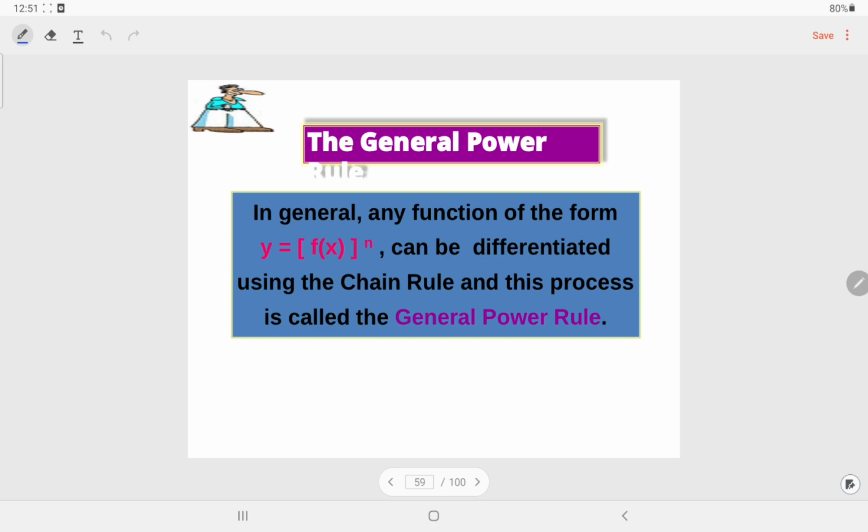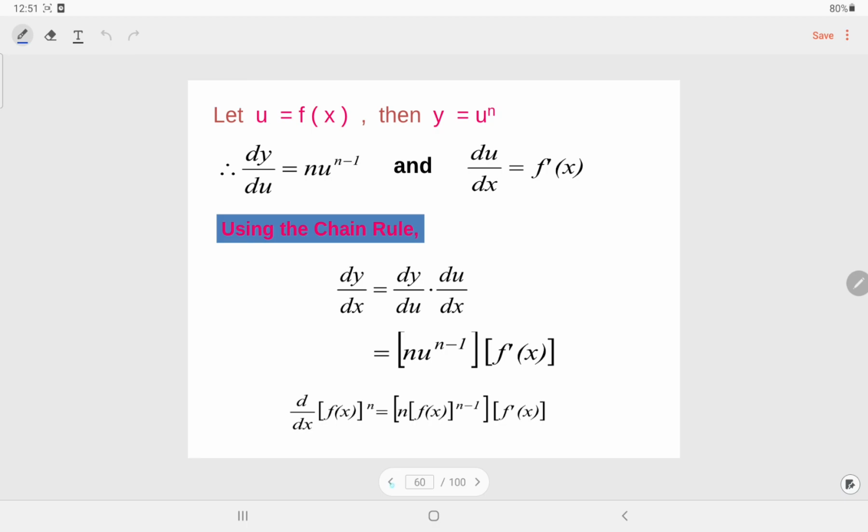The general power rule. In general, any function of the form y equal to fx power of n can be differentiated using the chain rule, and this process we call the general power rule. For example, let u equal to fx, then y equal to u power of n.